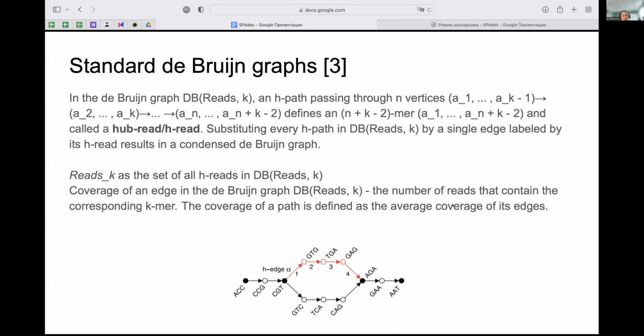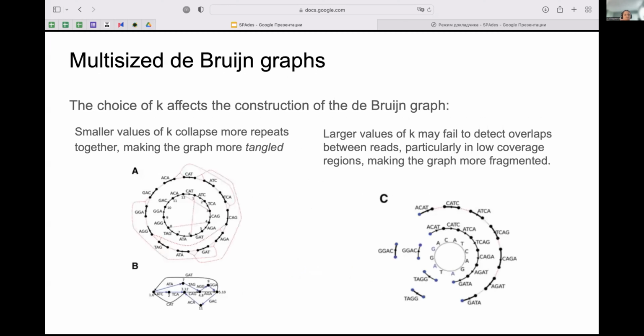The coverage of a path is defined as the average coverage of its edges. So if we have an edge and there are some reads that correspond to it, we define the coverage as the number of reads that fall into this edge, and the coverage of the h-path is the mean coverage of all the edges that persist in this h-path.